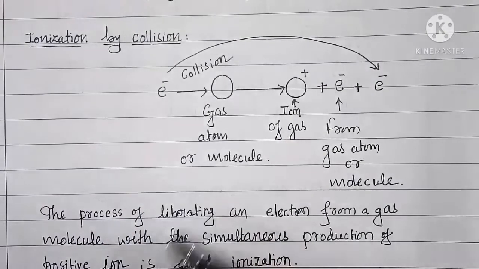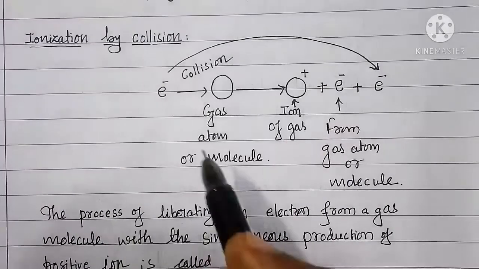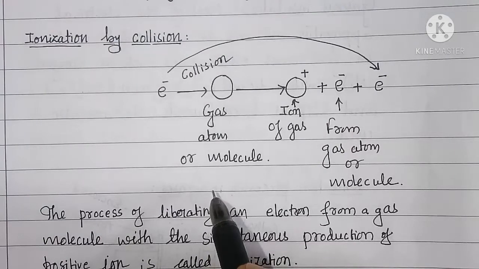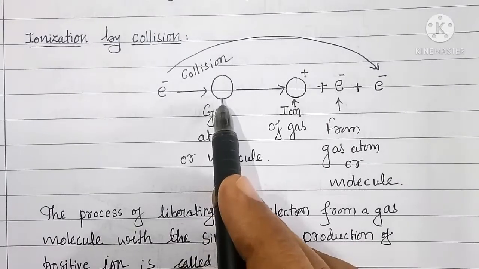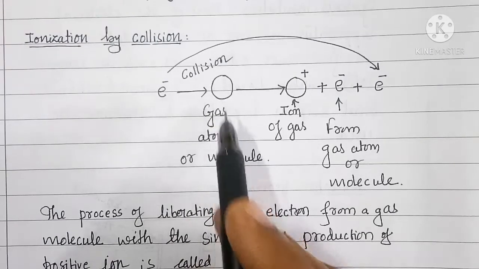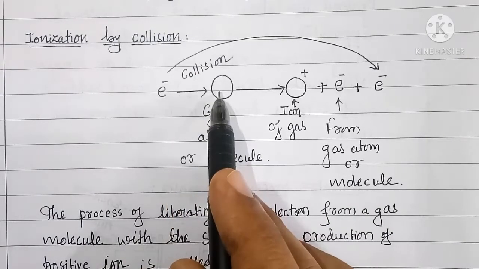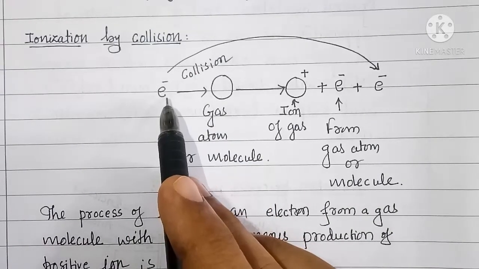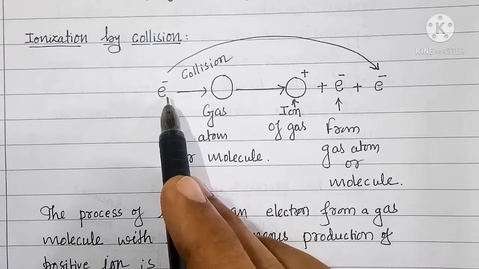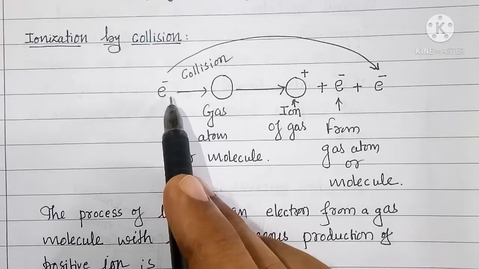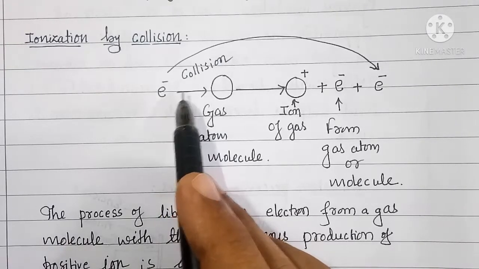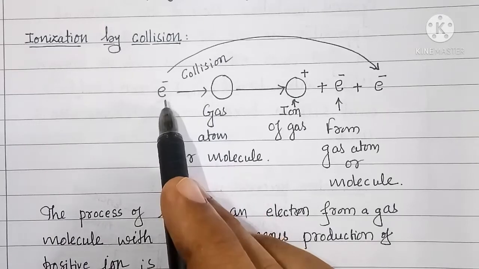Ionization by collision we have studied in last class. In the ionization by collision process, a gas atom or a molecule was collided with a free electron released from the cathode, to which a voltage was applied. That voltage was of sufficiently high magnitude to release a free electron.